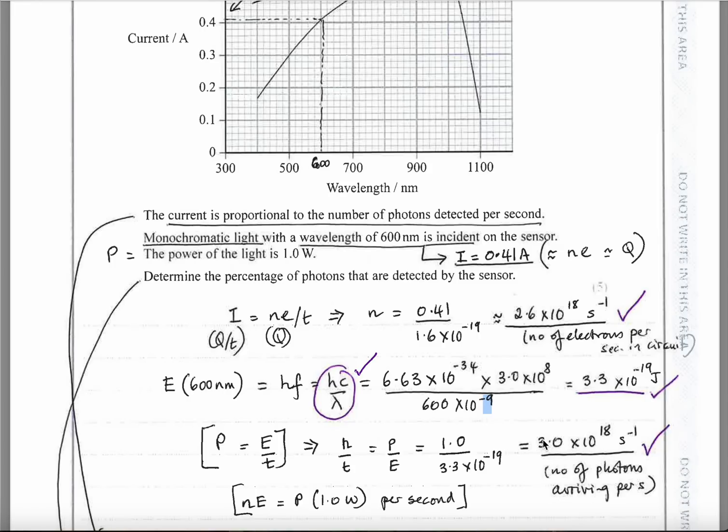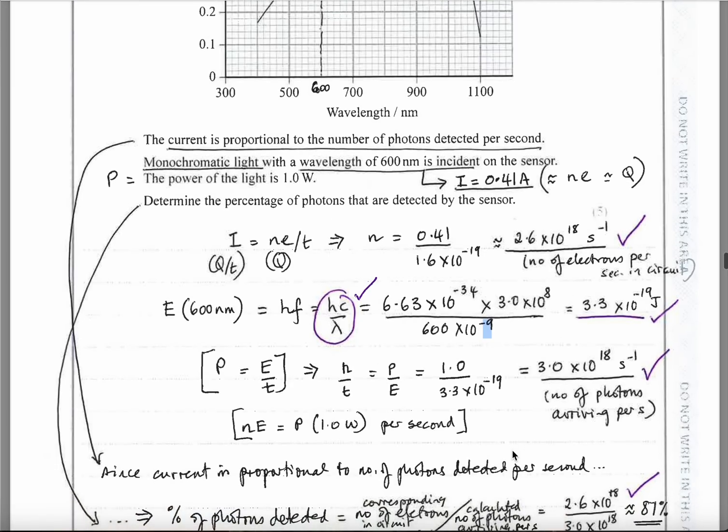Now you see this number is how many photons are arriving, and this is how many electrons are being produced. And this is the ratio of what is incident to what is detected. The answer comes from these two numbers. The incident number of photons per second gives off a certain current, which is equivalent to a number of electrons.